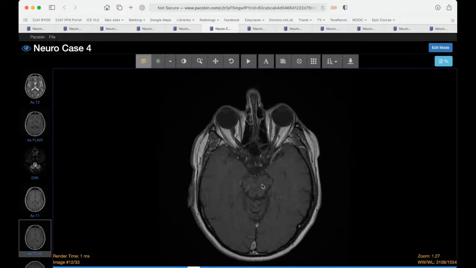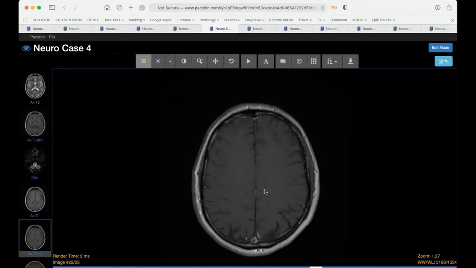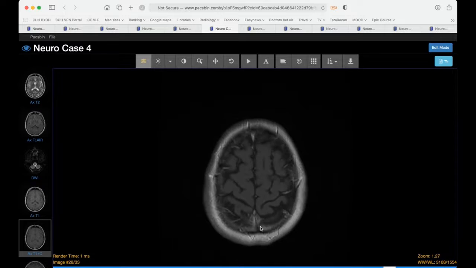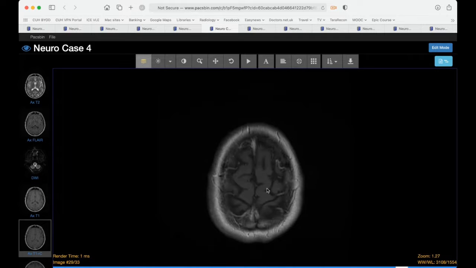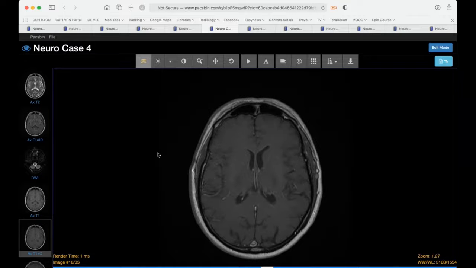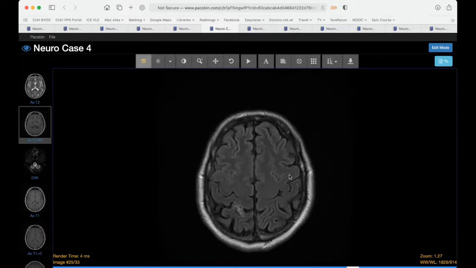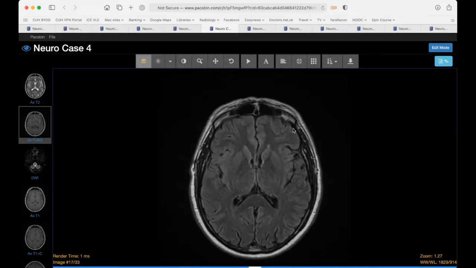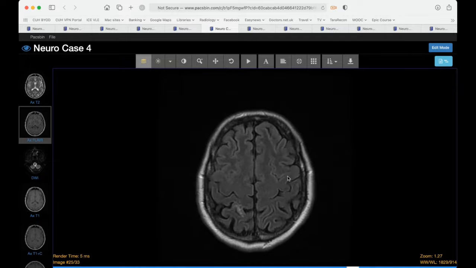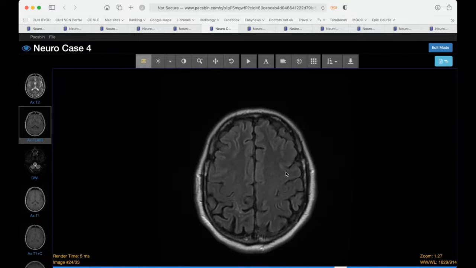You may have spotted a lesion already, but notice that there's no abnormal enhancement here. Probably the FLAIR is the most helpful sequence in this particular case. And I'll just stop on that image. If you'd like to have a vote as to what you think this might be.